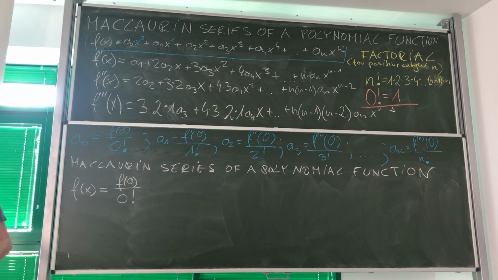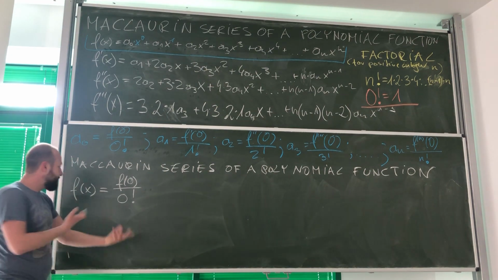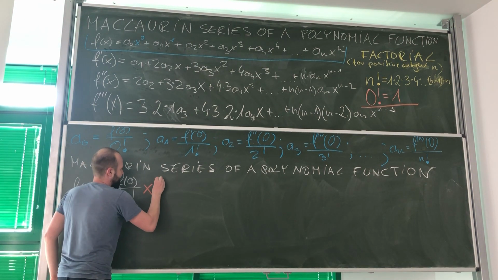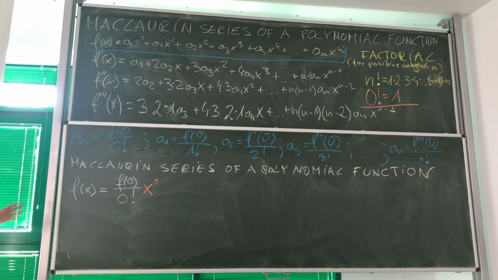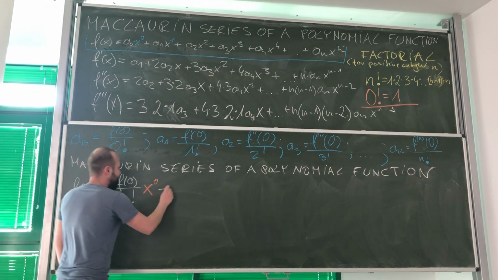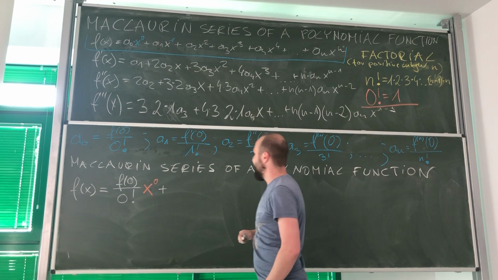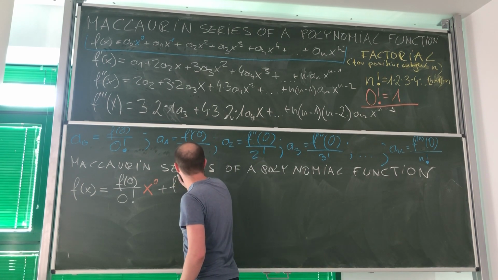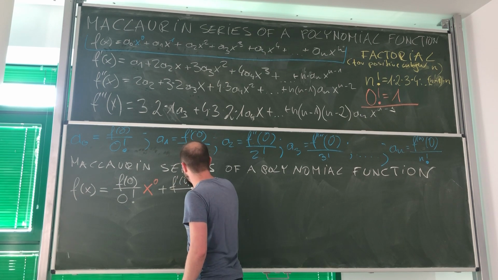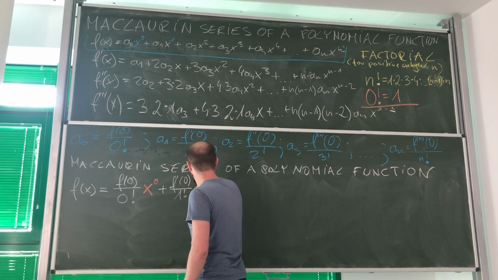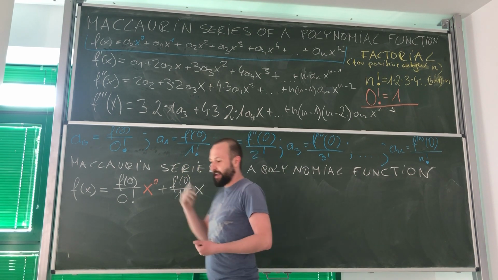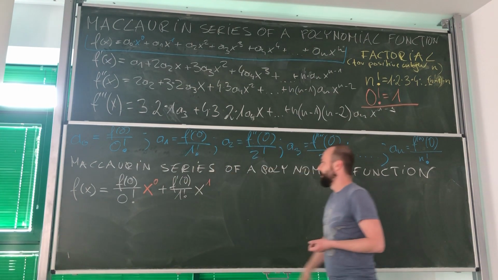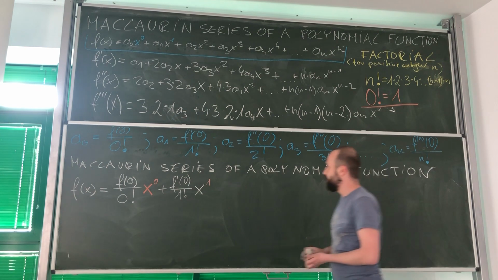However, just so you see, please remember that over here I can put x to the power of 0, which is 1. Okay, then we've got a1 times x, so we've got f prime of 0 over 1 factorial times x. However, again, please remember that x is the same as x to the power of 1.